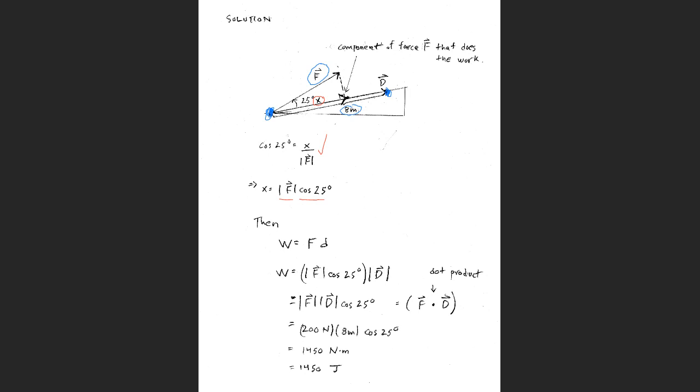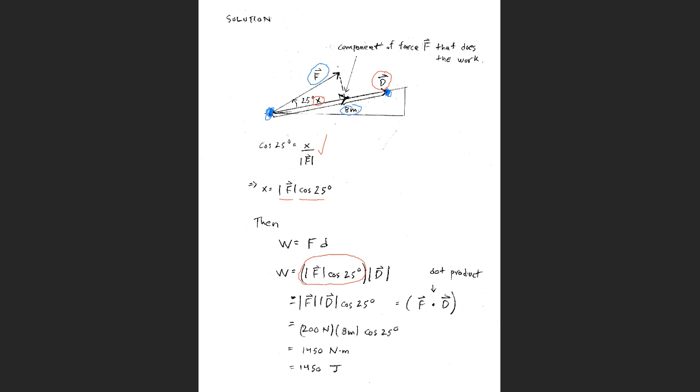So okay, work is force times distance. That's the basic definition. But the component of the force that does the work is the magnitude of the force vector times the cosine of 25 degrees, times the distance. The distance, I'm drawing another vector here, a d vector, that has a magnitude of 8 meters.